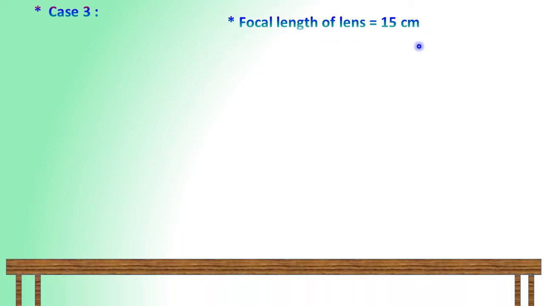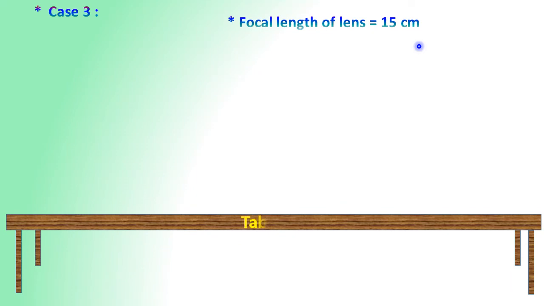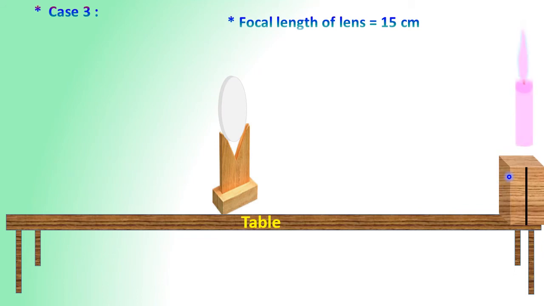Now case 3. Now let us move the candle a little bit closer. In this case, I am going to place the candle at a distance of 60 centimeters. Here the focal length of the lens is equal to 15 centimeters. Table, V stand, convex lens, wooden block.